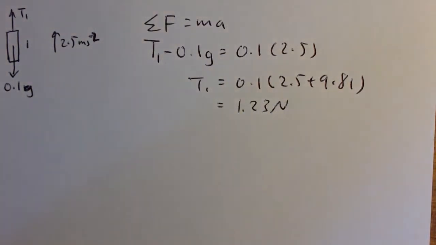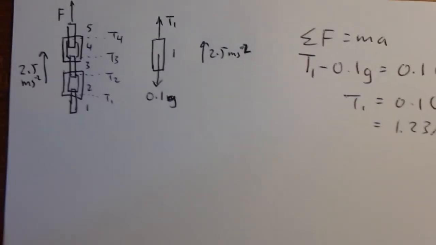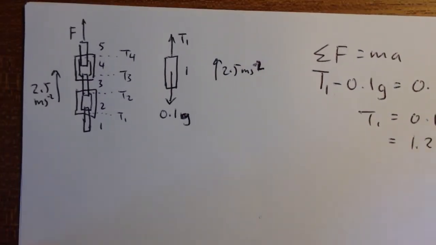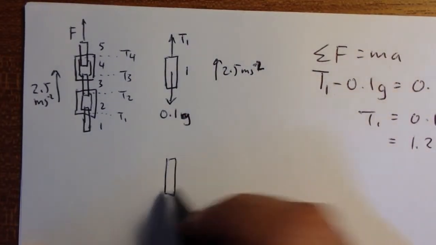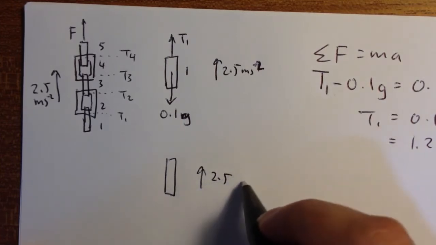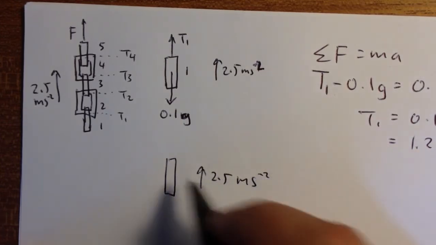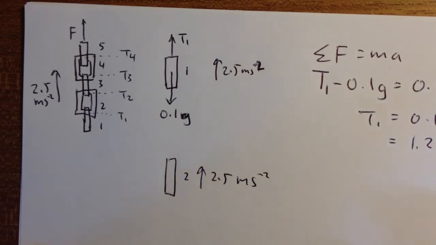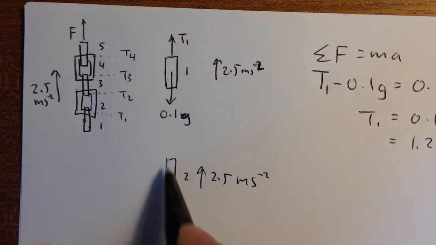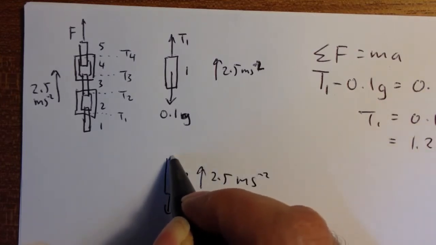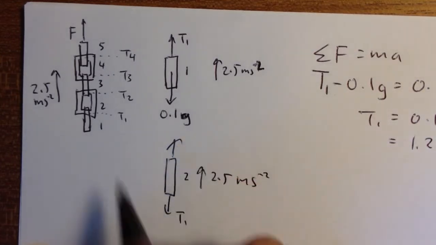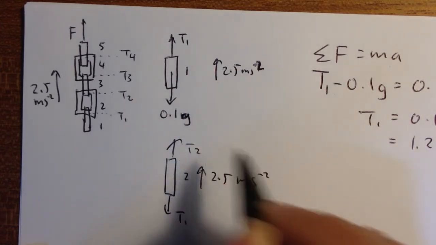Okay, now if we do link 2, we can draw the free body diagram of link 2. Link 2 should look like this, going up at 2.5 meters per second squared. Now, T1 is pulling it downwards, right? Link 1 is applying a force on link 2, T1 downwards, and link 3 is applying a force T2 pulling it upwards.